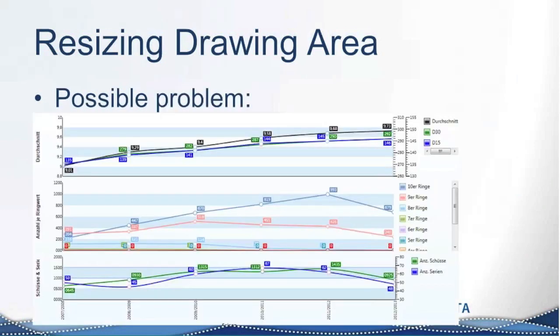We have now 3 drawing areas. So all this, what you can see here, is one charting area. This is one control. And we have now 1, 2, 3 different chart areas. We have grouped data with different y-axis, because we have values up to 310, up to 155, or up to 10. So you can see we can mix it with different y-axis.